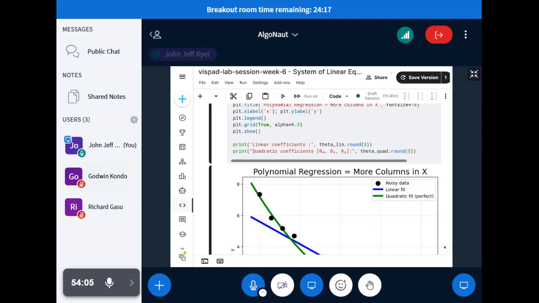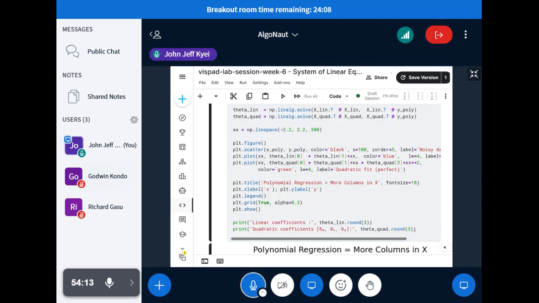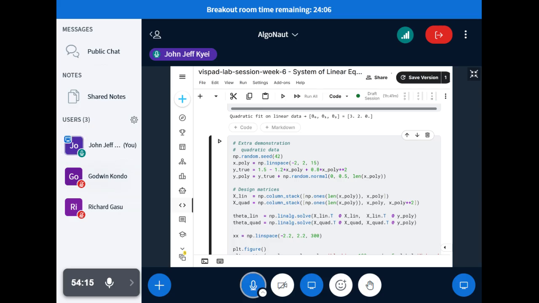If the true relationship is linear, a quadratic model will naturally set the x squared coefficient to 0. As you can see over here, our x squared coefficient was 0. And it explains two powerful concepts. Over-parameterized models can still find the correct function, and least squares also automatically identifies unnecessary terms.